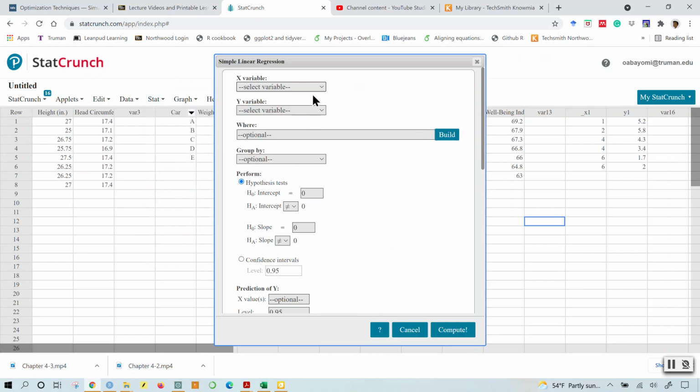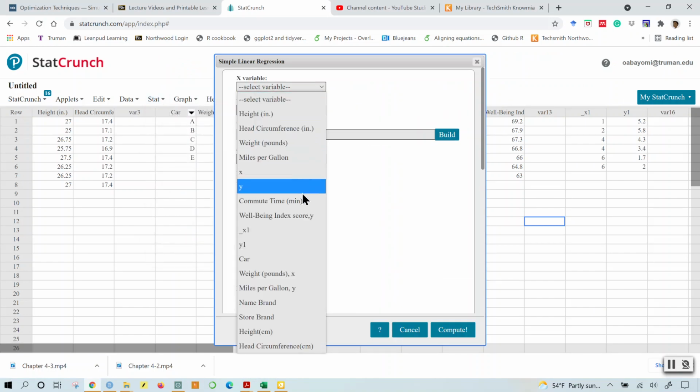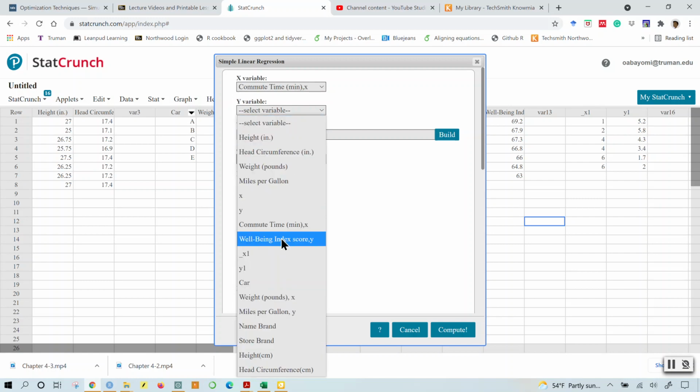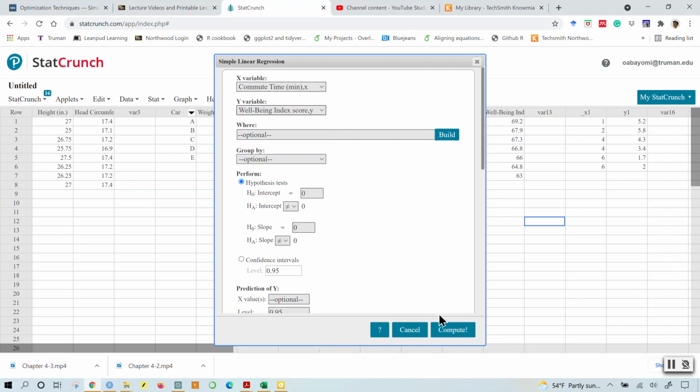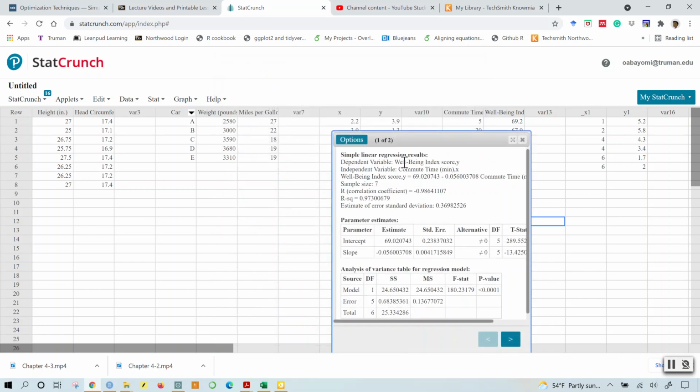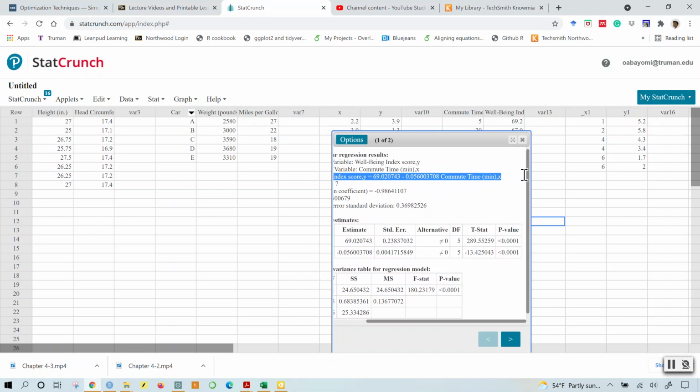Click on that. My x variable will be the commute time, and my y variable will be the well-being index score. And I would also like to see a fitted line plot for the graphs, and I'd like to compute that. So first of all, what I have is my regression line, which is highlighted on your screen.